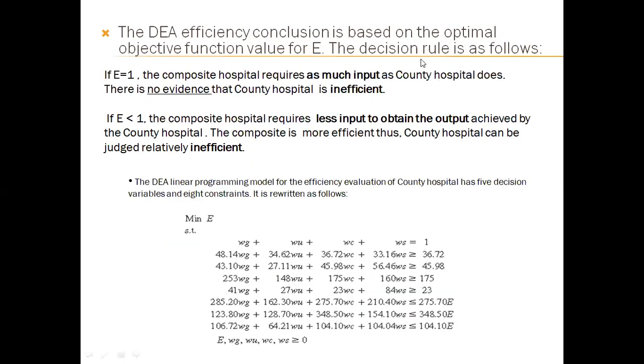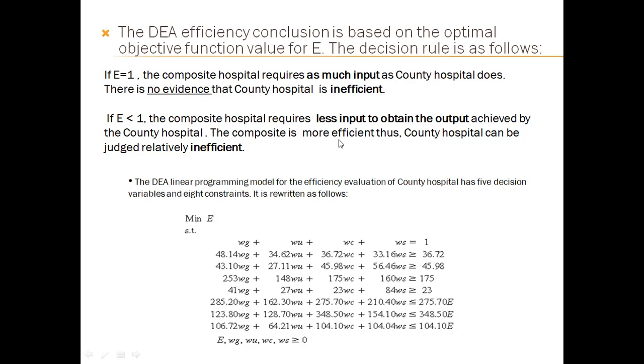The DEA, okay, so if E is equal to 1, the composite hospital requires as much input as county hospital does. So basically, there is no evidence that county hospital is inefficient. However, if E is less than 1, the composite hospital requires less input to obtain the output achieved by the county hospital.